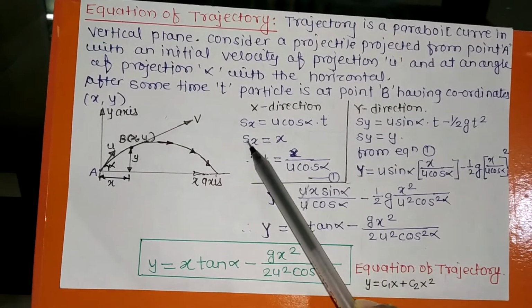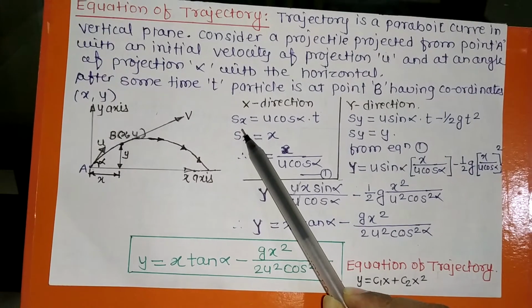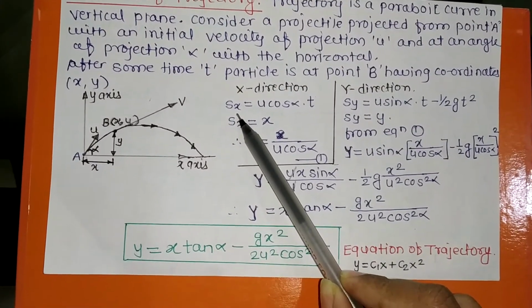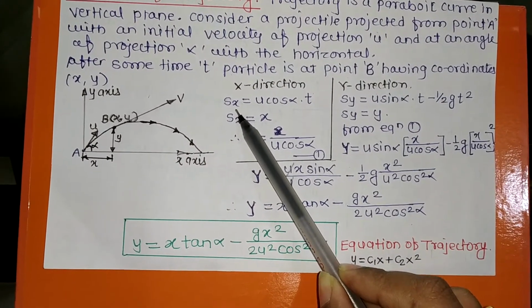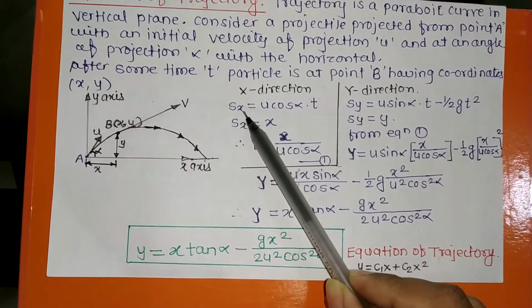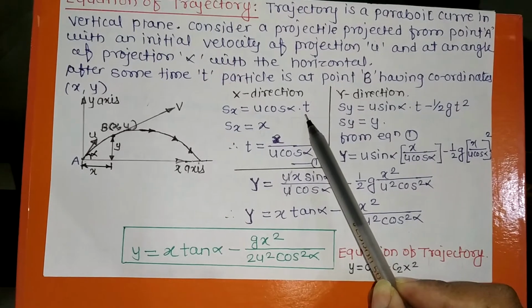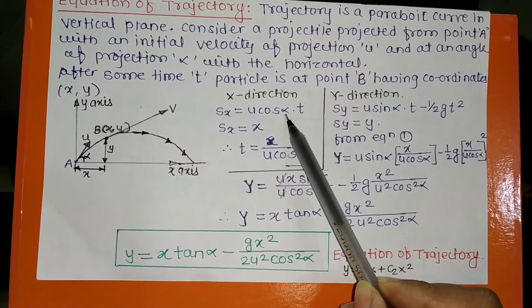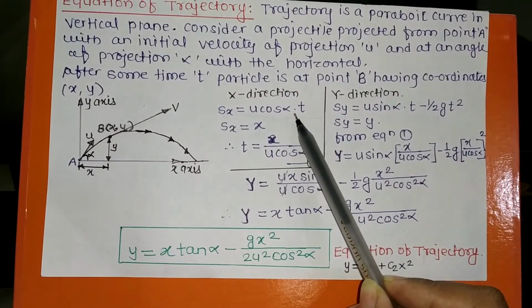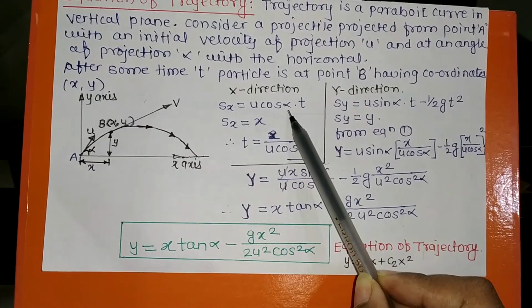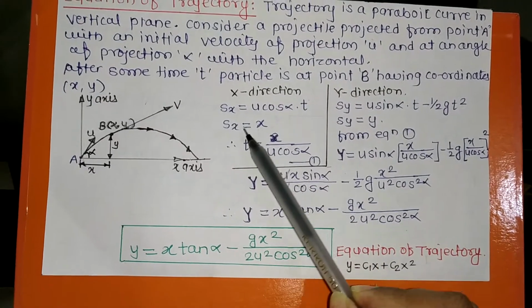The equation that we use for the displacement of the particle, using the equation of motion along x direction, is Sx equals u cos alpha into t, because the acceleration along x direction is 0 and the velocity along x direction is constant.